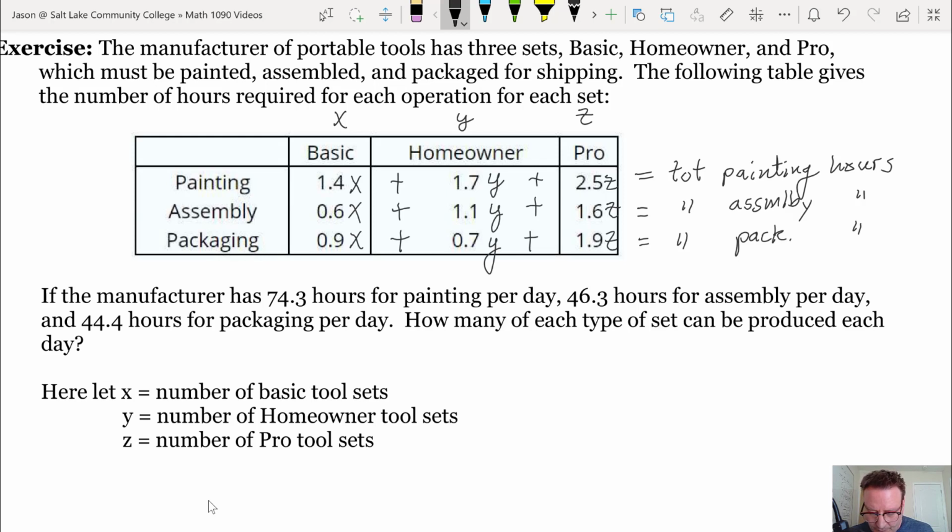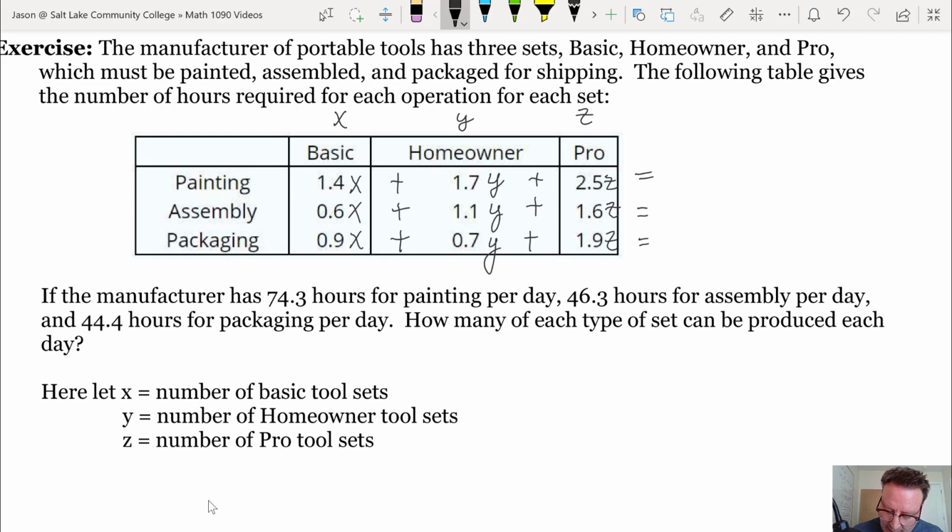So this should be 74.3. And then the other one, we have 46.3 hours for assembly, so this should be 46.3. And the last one is 44.4 hours for packaging.